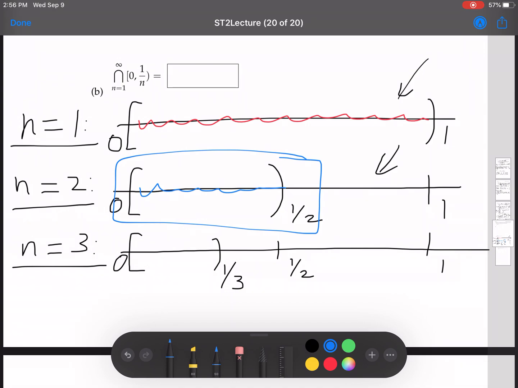So if that's the intersection of n equals 1 and n equals 2, now what's the intersection of that with n equals 3? What's common to the blue and the green? What's common to the blue and the green is the green, right?